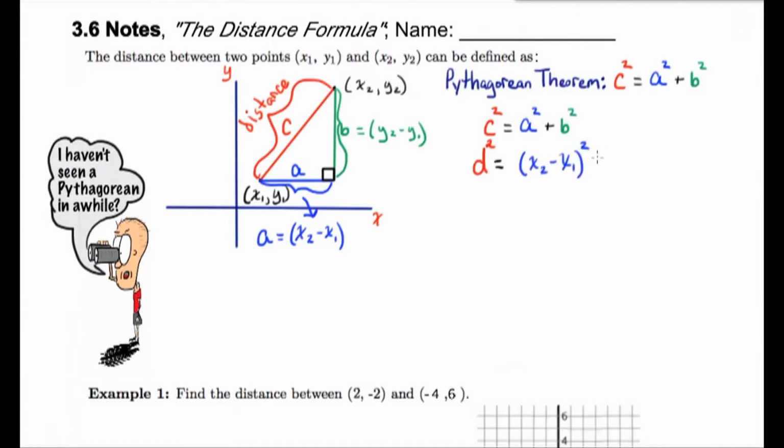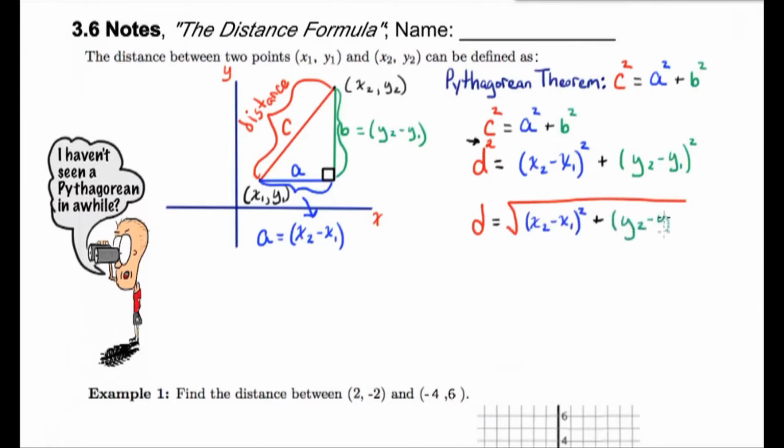So if I substitute those expressions in for a and b, and then I replace c with d, meaning distance, that's the variable we use in our formula, by taking the square root of both sides, I get d equals the square root of x2 minus x1 squared plus y2 minus y1 squared.